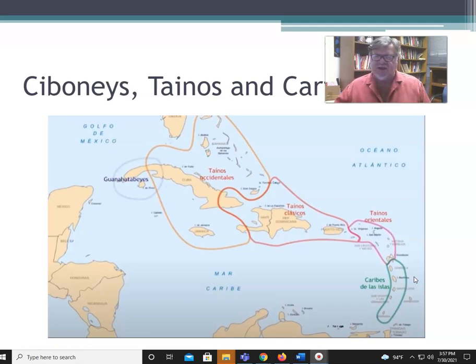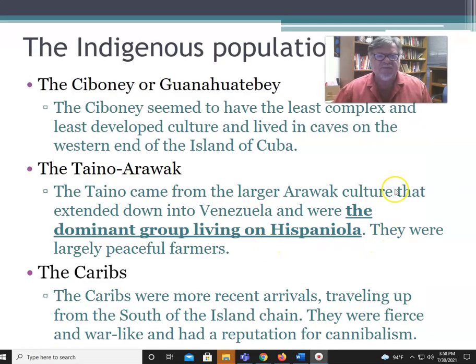So they were moving up, and they started arriving in the central part of the Lesser Antilles about the same time as the Spanish arrived in Hispaniola. Otherwise, they may have gotten further. So, interestingly enough, the Caribs are the only ones that have survived through modern day.